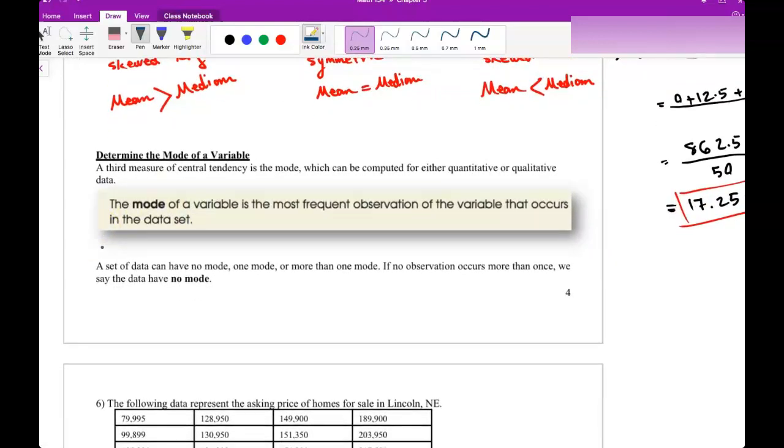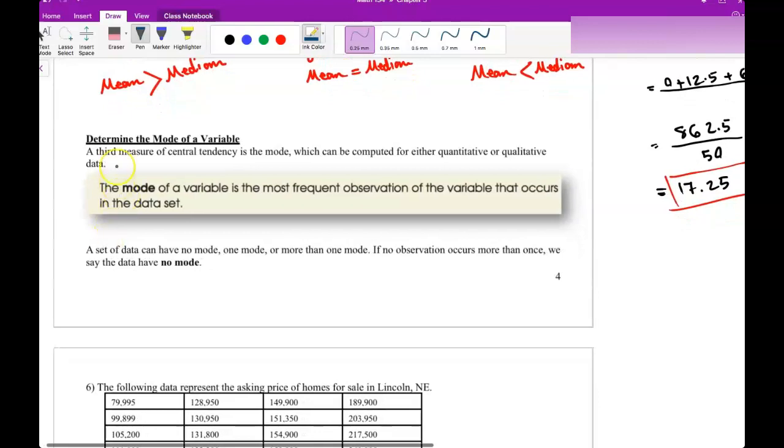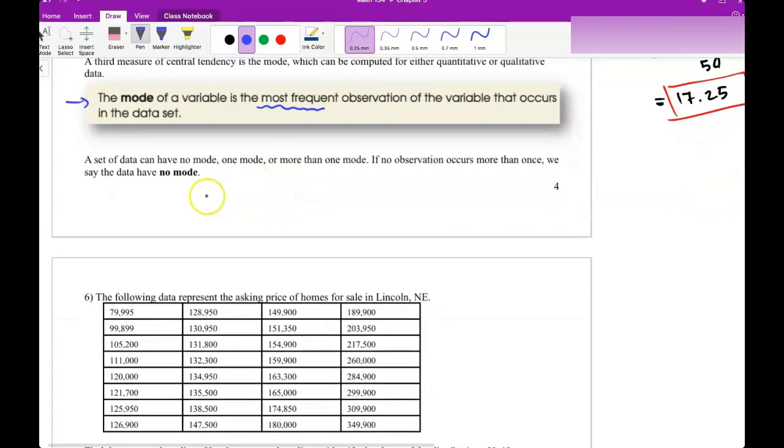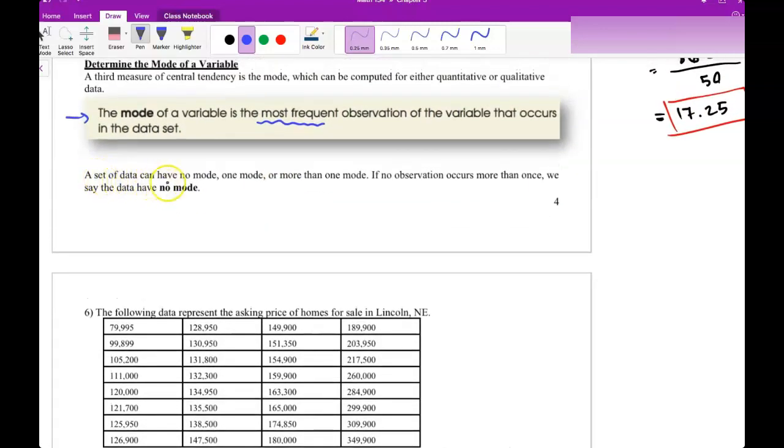Next part. Determine the mode of a variable. What that is: the mode of a variable is the most frequent observation of the variable that occurs in the data set. A set of data can have no mode, one mode, or more than one mode. If no observation occurs more than once, we say the data have no mode.